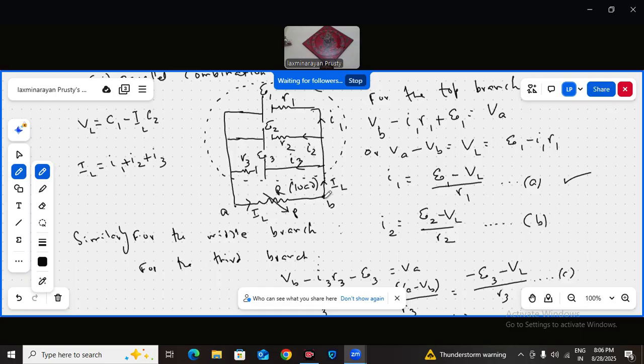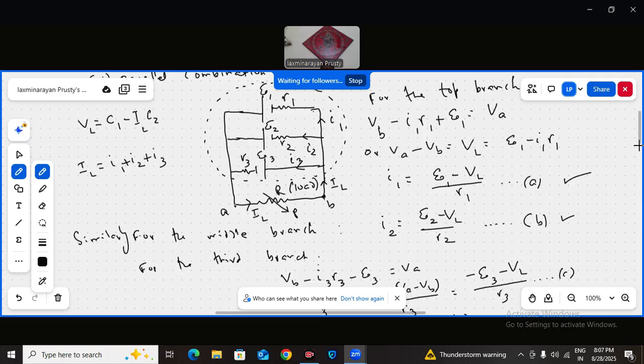Similarly, going from B to A through the middle branch, VB minus I2 R2 plus E2 is VA. So VA minus VB is VL, which is E2 minus I2 R2, and I2 is E2 minus VL by R2.